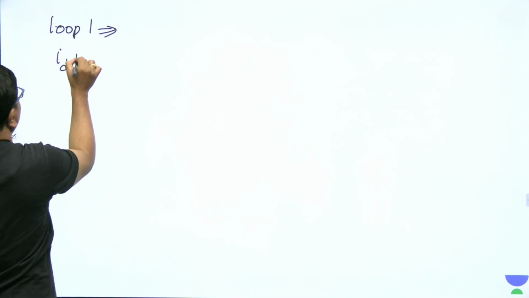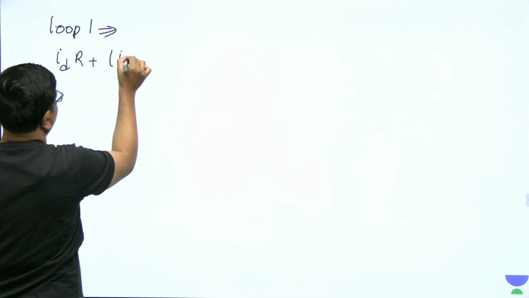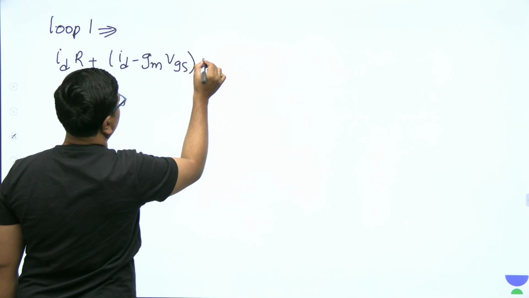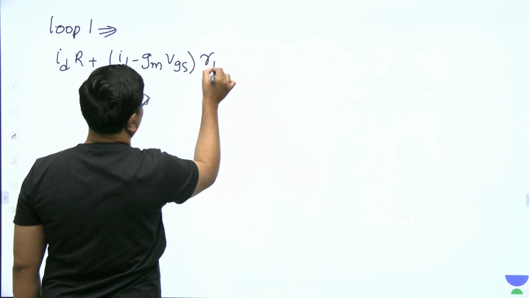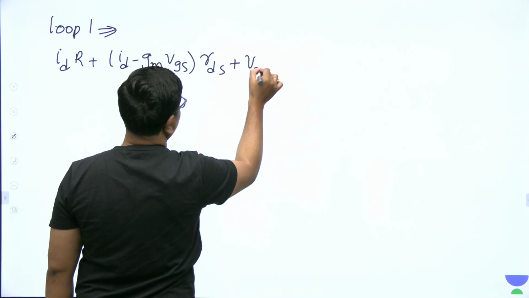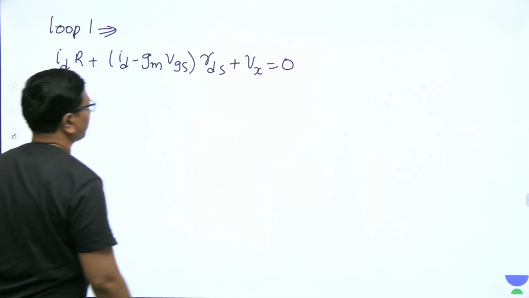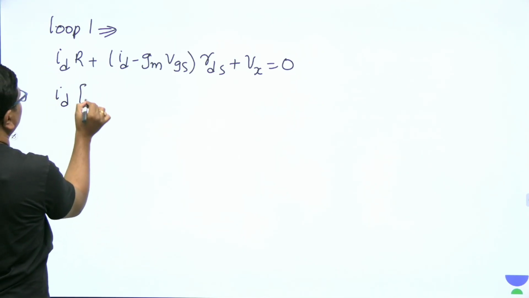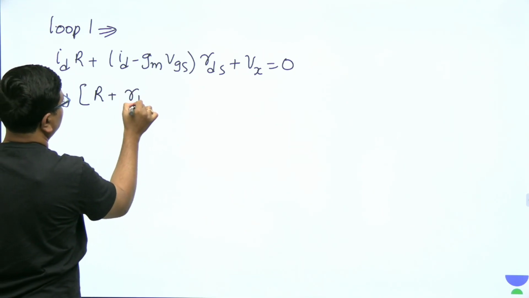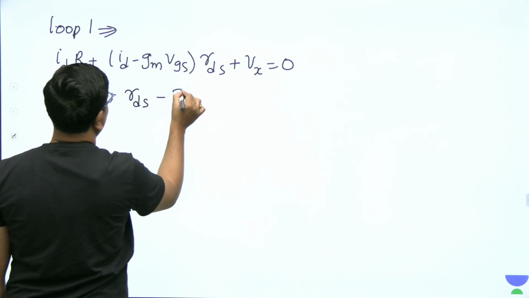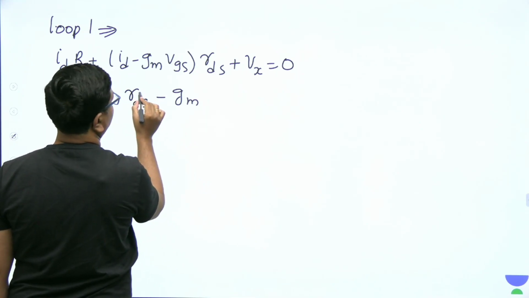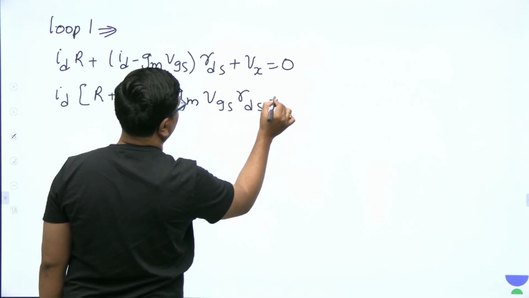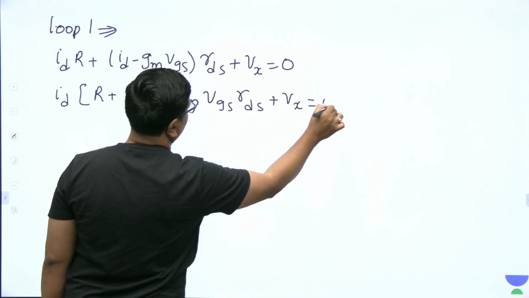If I take the loop equation, loop 1 implies I can write ID into R plus (ID minus GM into VGS) into small rds plus Vx is equal to 0. Let us write the ID terms first: ID into capital R plus RDS, minus GM into VGS into RDS, plus Vx is equal to 0.